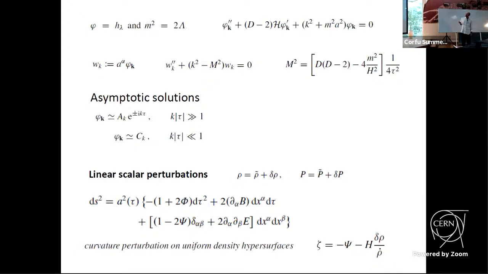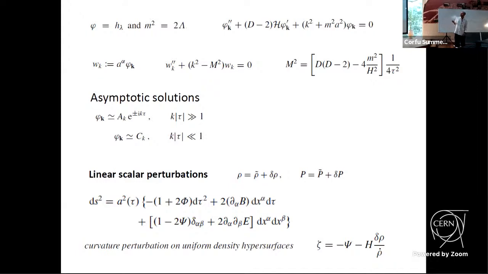However, things change when the co-moving momentum is much smaller than the mass term, and in that case you find that the easiest solution is a constant. Of course, you have to match these two asymptotic solutions at some point. But nowadays you don't even need that because you can solve the Mukhanov-Sasaki equation exactly. But this is just to give you an idea of these two regimes.